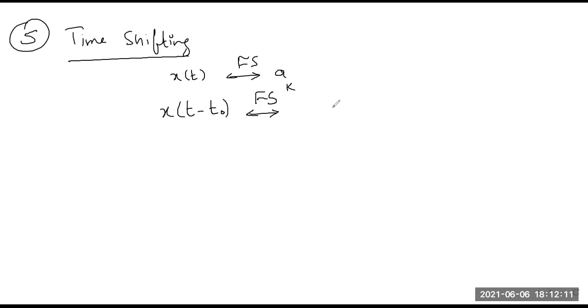So the Fourier coefficient of this signal will be equal to the Fourier coefficient of the original signal multiplied with e power minus j k omega naught t naught.